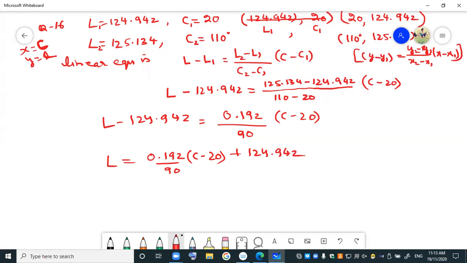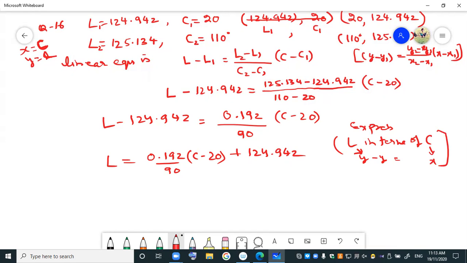The question was to express L in terms of C, so L is y and C is x.